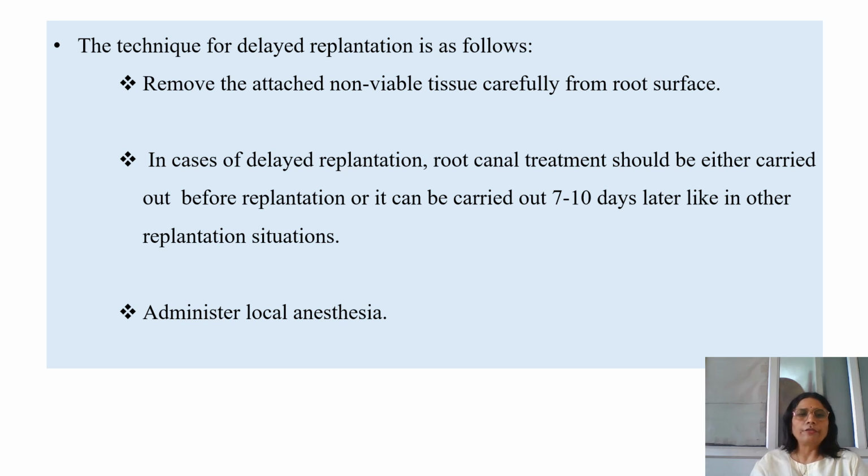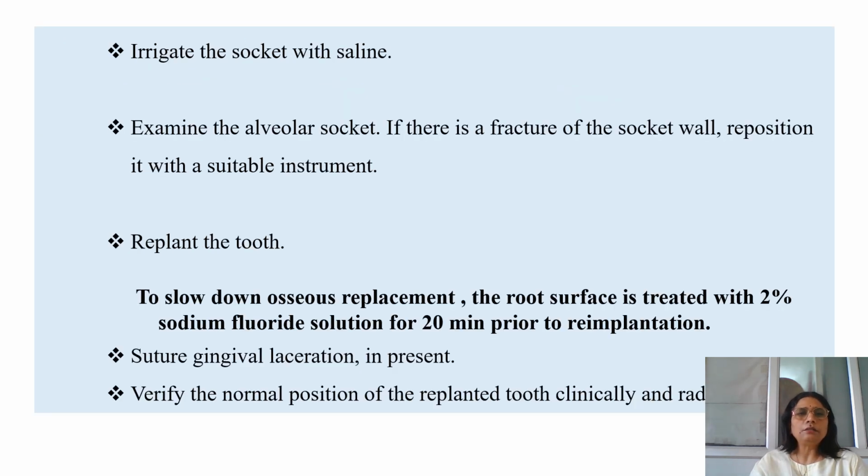Now, first give local anesthesia, irrigate the socket with saline, and examine the alveolar socket. If there is a fracture of the socket wall, reposition it with a suitable instrument.